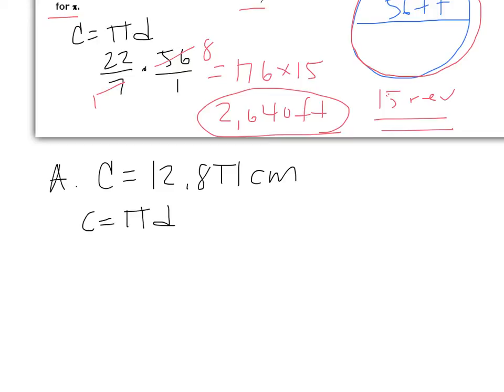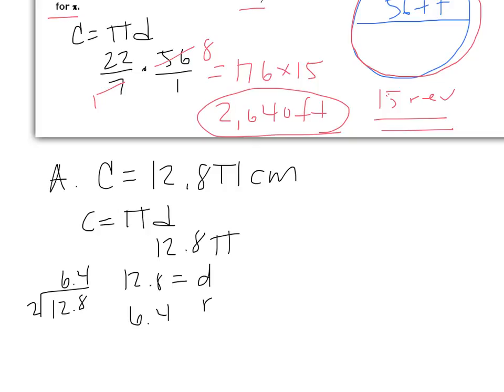So therefore, they're saying 12.8 pi, so that means 12.8 is our diameter. You need the radius, you need to divide that by 2. So 12.8 divided by 2 is going to give you 6.4. So your radius is 6.4 centimeters.